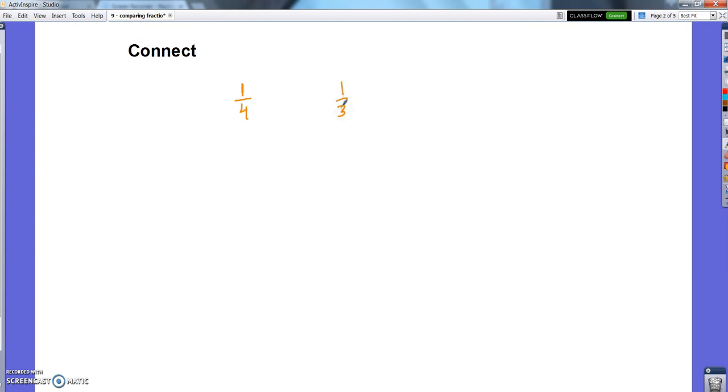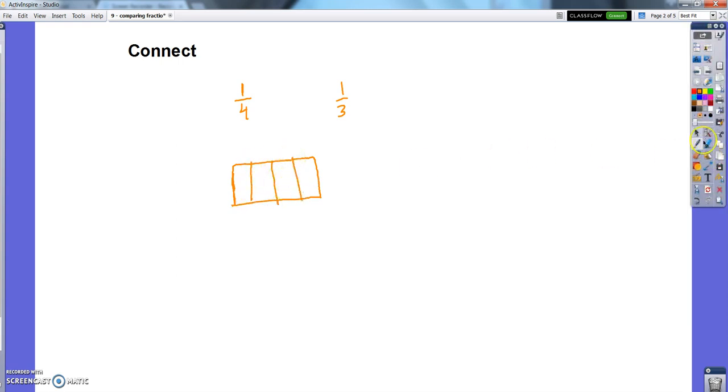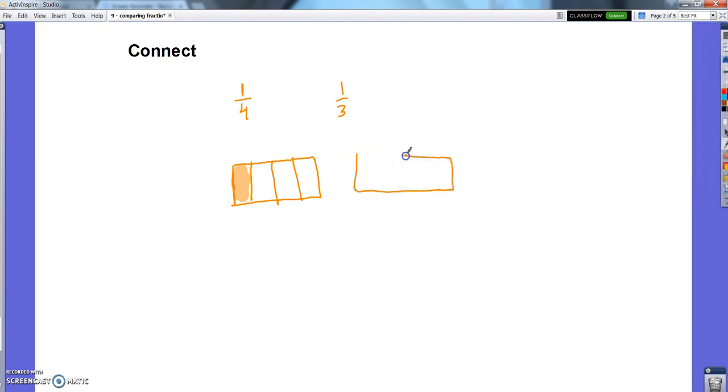Those fractions are really close in size, and so to compare them, you need a really precise way to tell. So what we did, we went through a pretty long strategy where we would draw a fourth, draw a third, and then say, well, if I really need to know for sure, third looks a little bigger, but that could just be because my drawings are a little off.